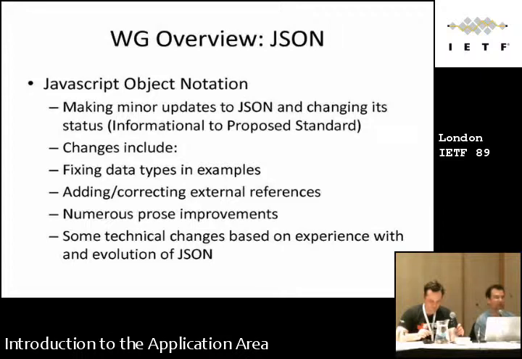Some of the examples were wrong, they're fixing those. Some of the external references need to be updated. Some of the more interesting technical changes are based mostly on how JSON has evolved since the first one was published. But there are no big, huge changes to JSON that will make the standards track version incompatible with the informational version. The point is to get it on the standards track where it really should be.